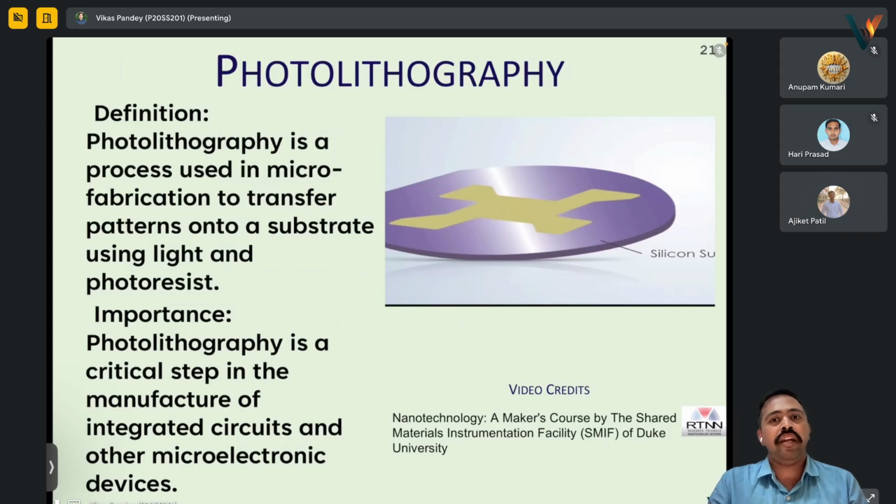Anyway, if you see this whole process, it is a very cost-ineffective process. Whatever may be the cost, you are depositing that in the whole area, and then you are removing it.